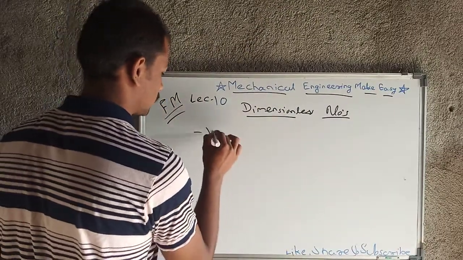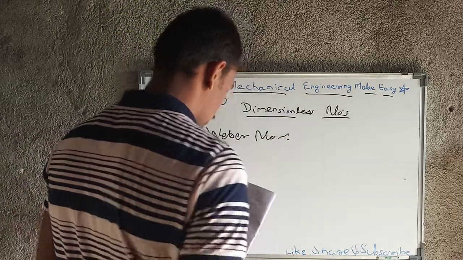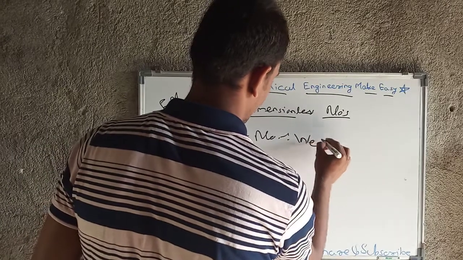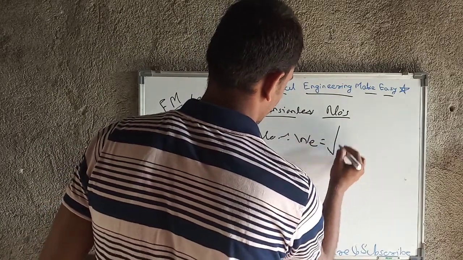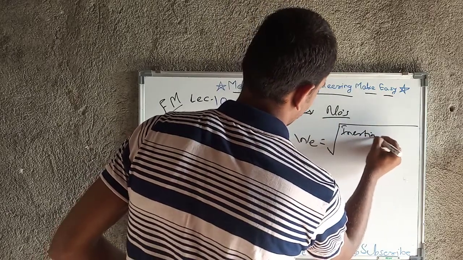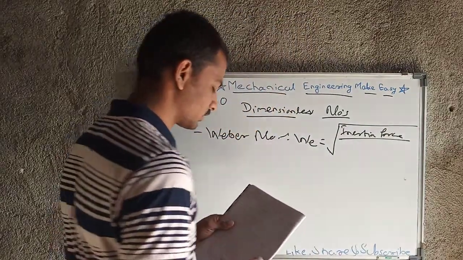Next is Weber number. Weber number is denoted by We, and it is under root of inertia force divided by surface tension force.